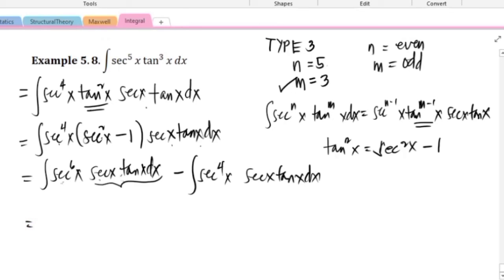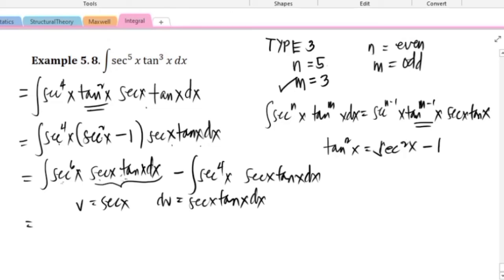And if we are going to let our v equal to secant x, then your dv is equal to secant x tangent x dx. So, since derivative niya na yung katabi niya, therefore, we can now apply the general power formula.